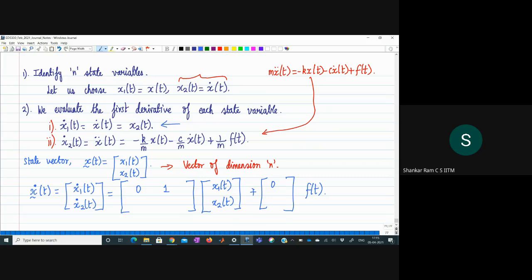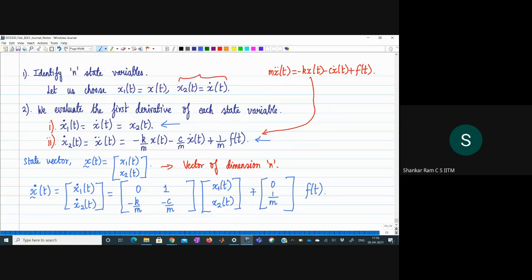Now we go to x2 dot. What is the equation for x2 dot? x2 dot is minus k by m x1 minus c by m x2 and then 1 by m f of t. How did I get this?